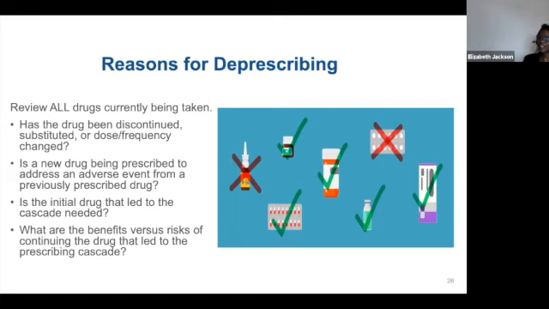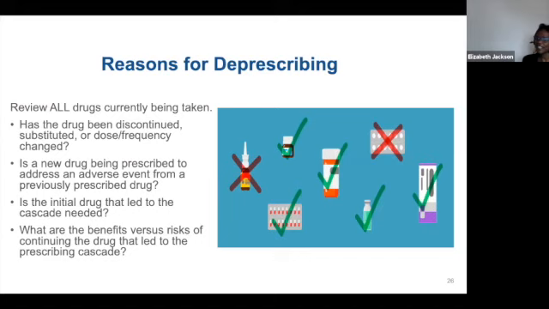The first question is, has the drug been discontinued, substituted, or dose frequency changed? That will need to be assessed. Is a new drug that's now being prescribed, is it to address an adverse event from a previously prescribed drug?